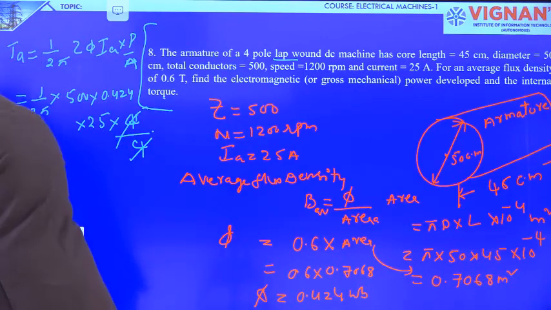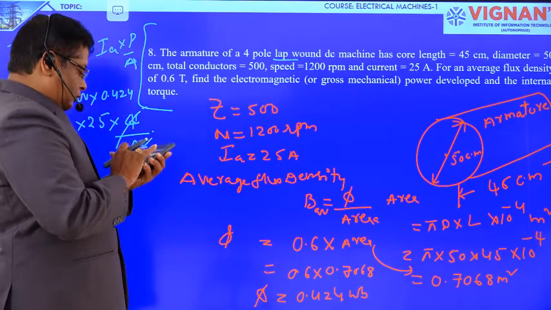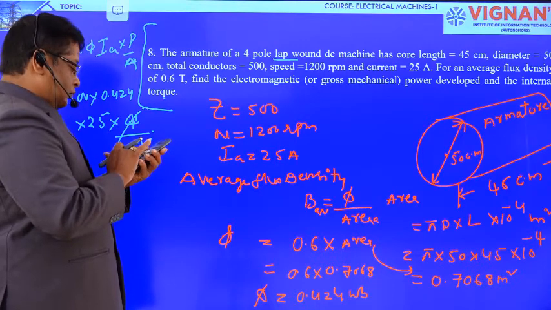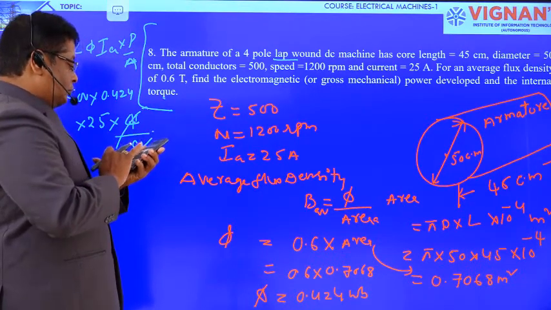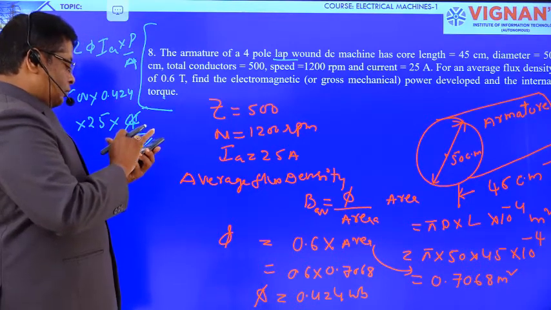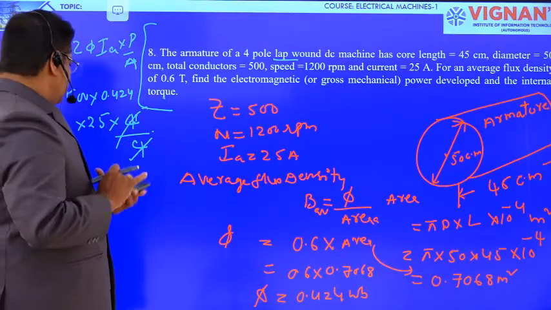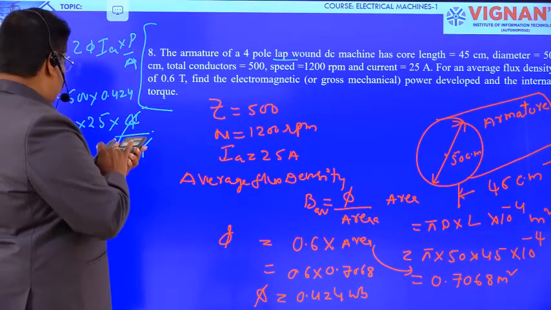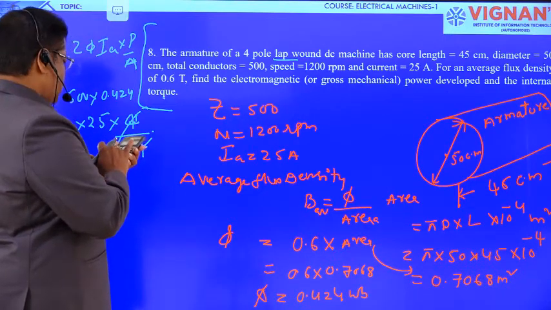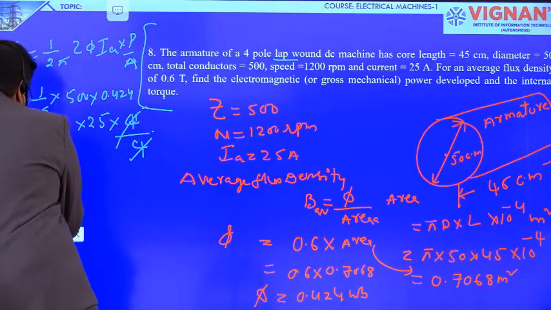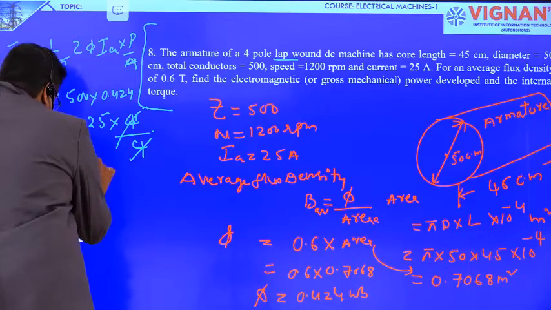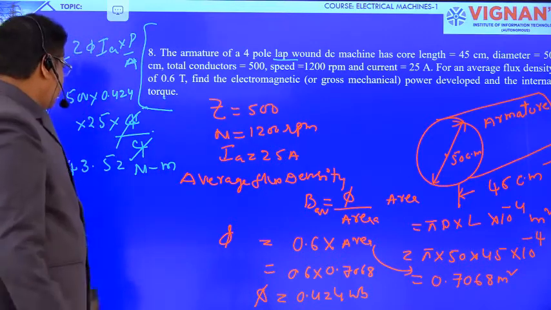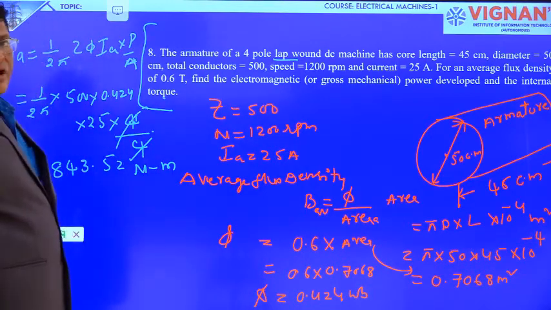If we solve this one, 500 into 0.424 into 25, we are getting 843.52 Newton meter. This is the direct formula.